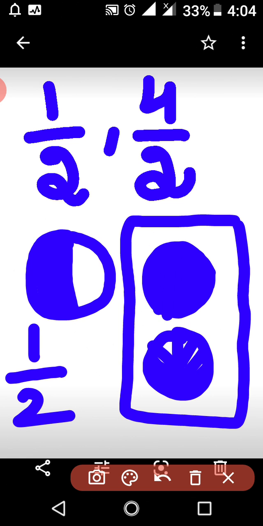Total 4 parts are there. If I choose 4 parts like this, here 2 parts and here also 2 parts, then totally 4 parts from the 2 circles. This is 4 by 2.